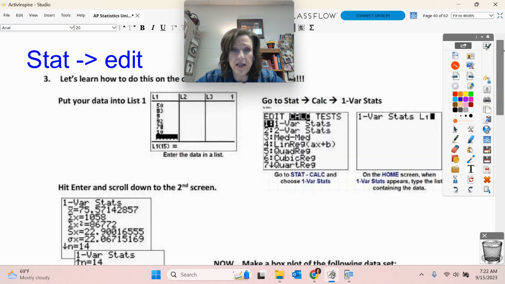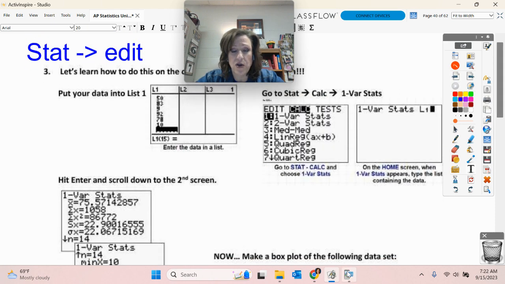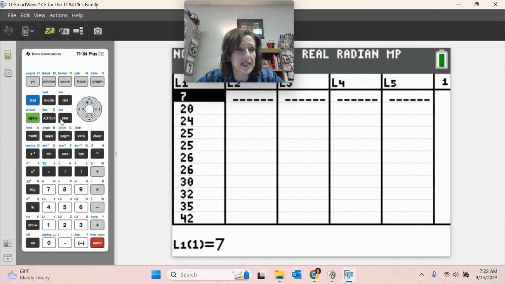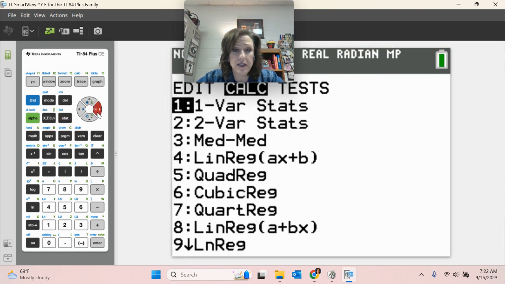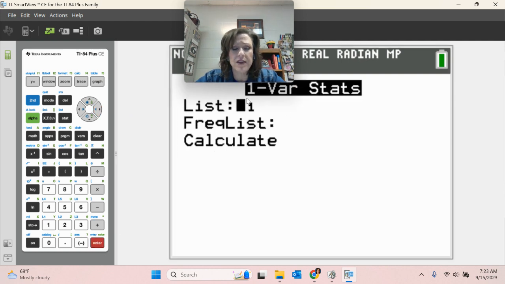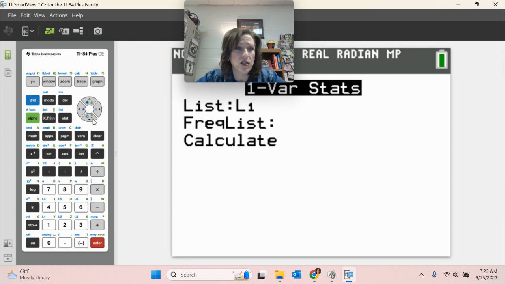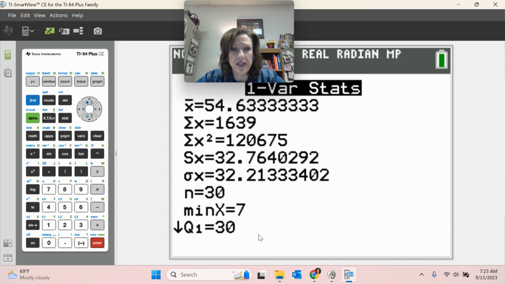All right, so once you do that, then you're going to go to stat, over to calc. Oops, I didn't hit stat. Here we go, stat, there we go. Arrow over to the calculate tab, and this is a 1 variable statistic I want to do. Everything is just in there once, so we'll talk about frequency lists later, so just leave that blank for now. And we're calculating.